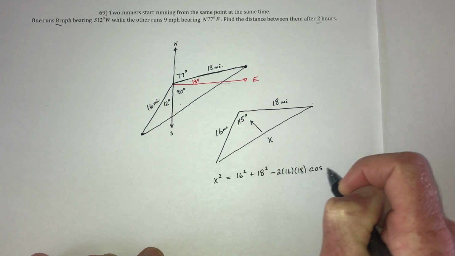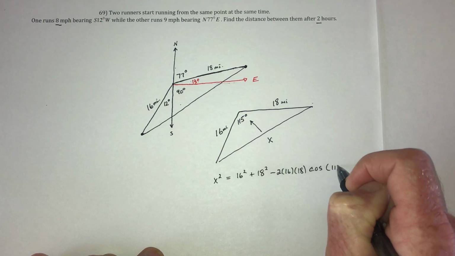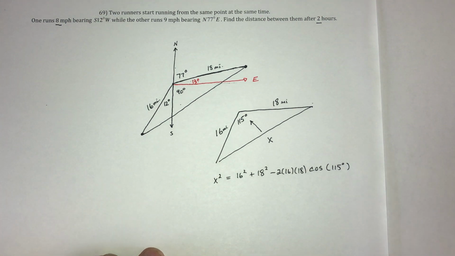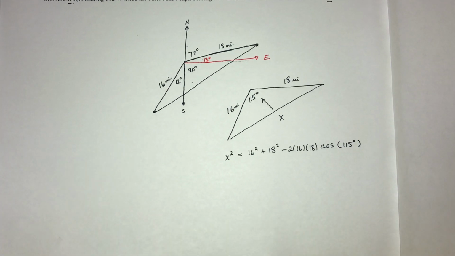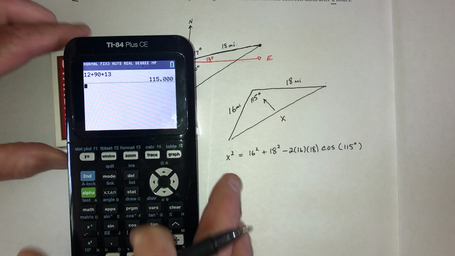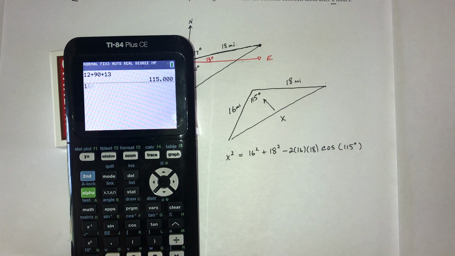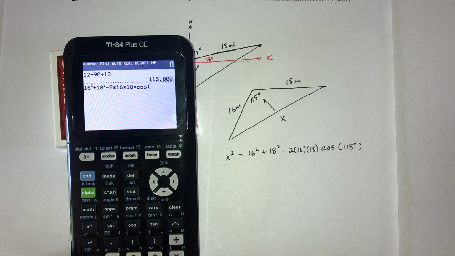And then cosine of that angle across from it, 115 degrees. 16 squared plus 18 squared minus 2 times 16 times 18, and also times cosine of 115 degrees.